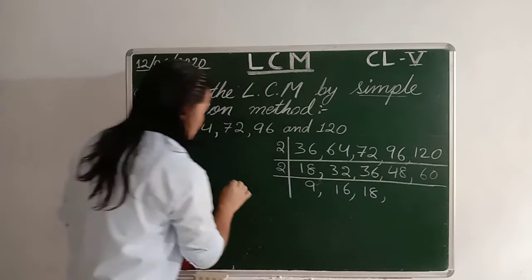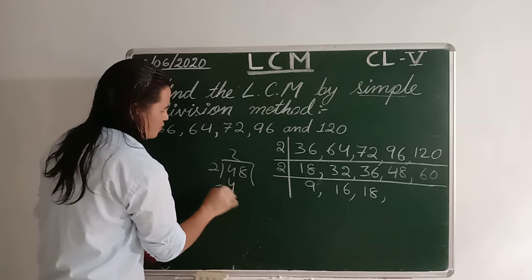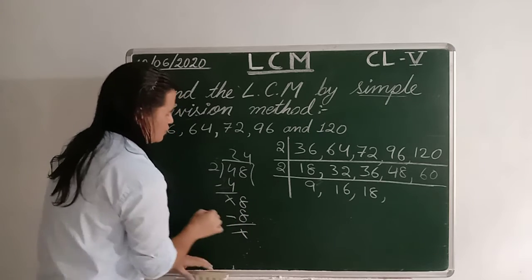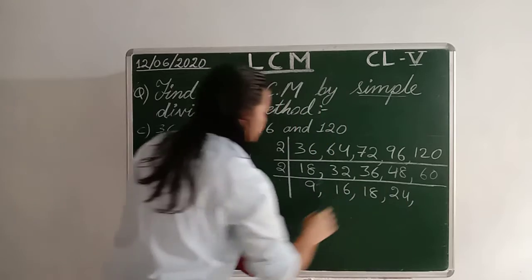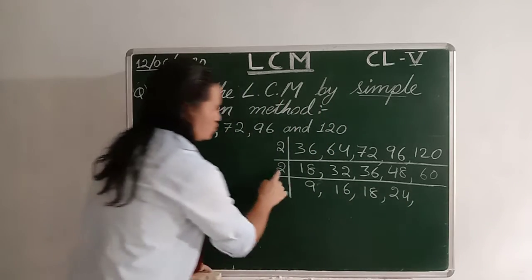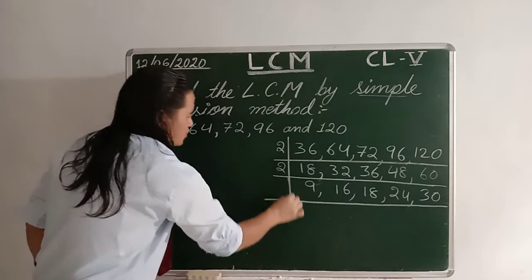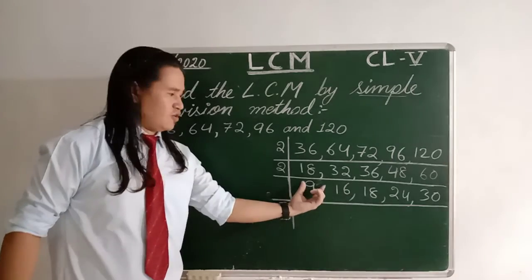Now for 48, let's do it rough. 2 2s are 4, 2 4s are 8. That means 2 24s are 48. Now 60, 2 30s are 60. Now here, except this 9.